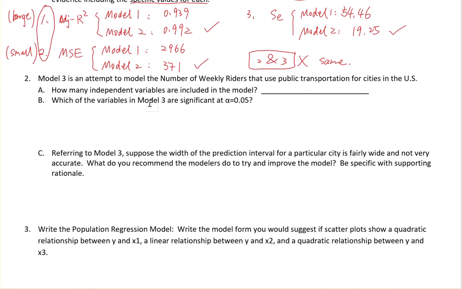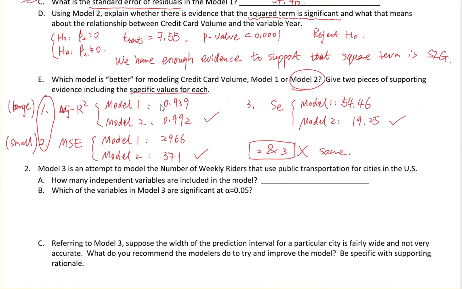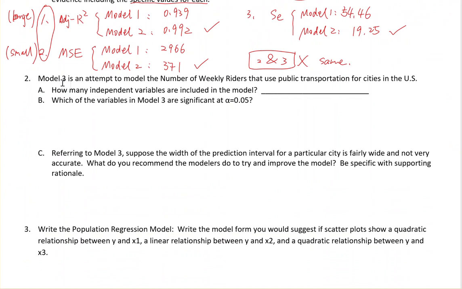Okay, so we kind of get the good idea about the first 2 models, right? So number 2 question, it says the Model 3 is an attempt to model the number of weekly riders that use public transportation for the cities in the United States. All right, so A, how many independent variables are included in the model?